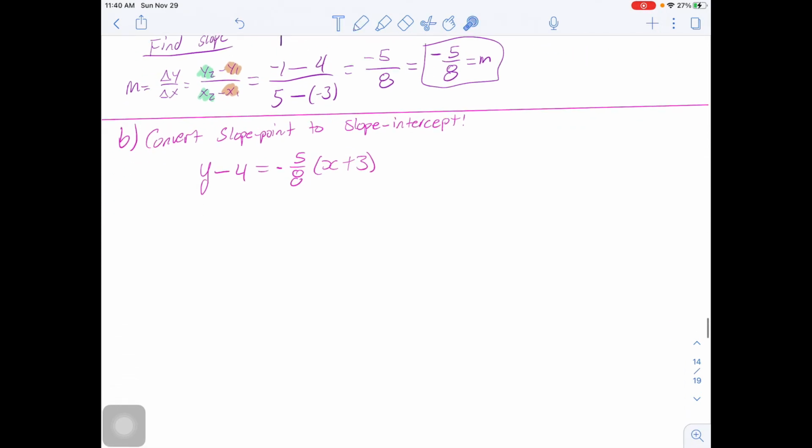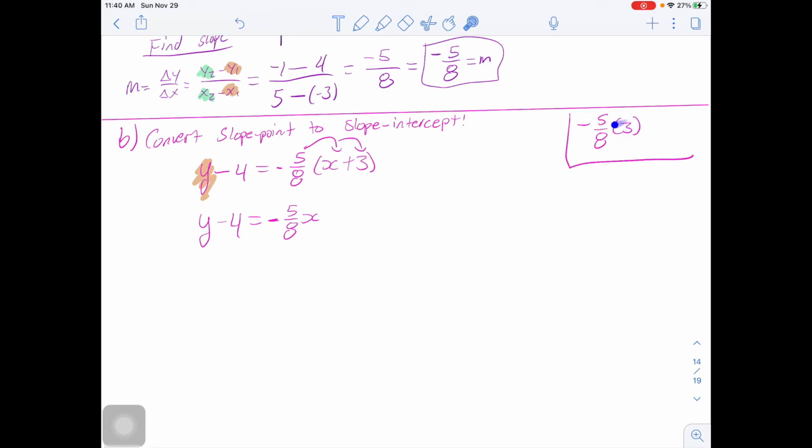And what I'm going to do here is solve for y. So I'm going to expand this, and this will become y minus 4 equals -5 over 8 times x, which is simply -5 over 8 x, because remember, when these are just sitting beside each other, it means they're multiplying. Then -5 over 8 times 3.